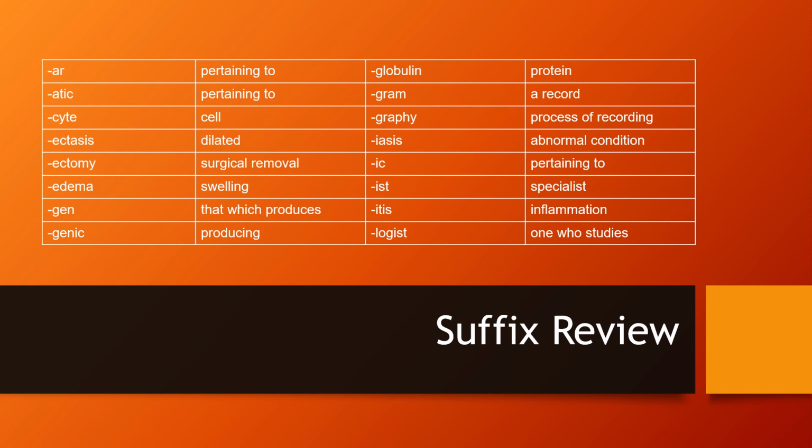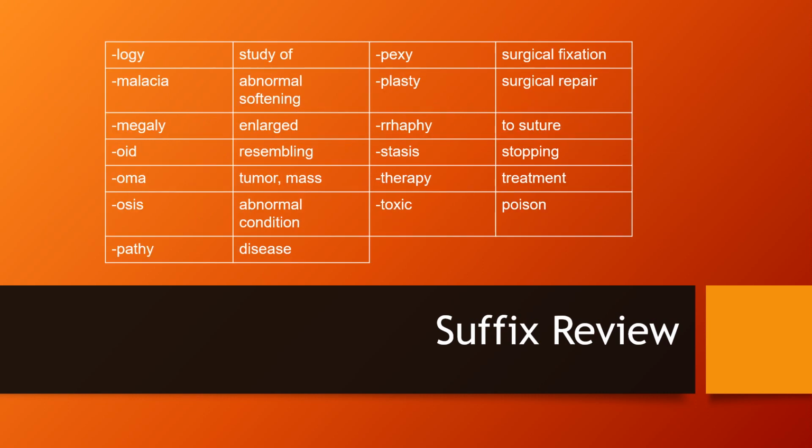Itis, inflammation. And logist, one who studies. Logy, study of, malacia, abnormal softening, megaly, enlarged, oid, resembling, oma, a tumor or mass, osis, an abnormal condition, pathy, disease, pexy, surgical fixation, plasty, surgical repair, rrhaphy, to suture, stasis, stopping, therapy, treatment, toxic, poison.